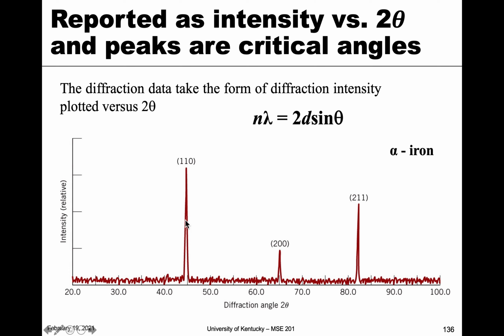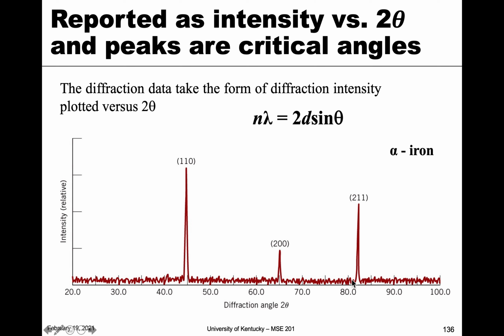However, at these very specific points, like here, here, and here, we get intensity. At these points we see the X-ray intensity jump up, because we have constructive interference, and another name for that is diffraction. So diffraction is occurring at these specific angle values, like a little less than 45, right here at 65, and then 82 or 83 or so.